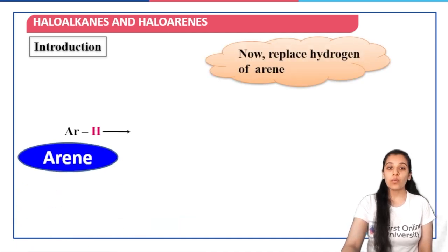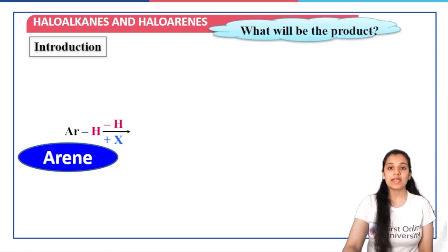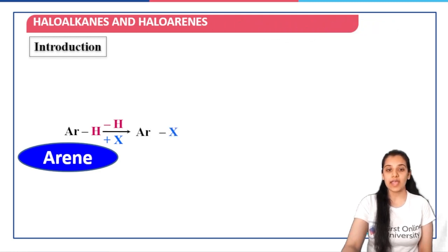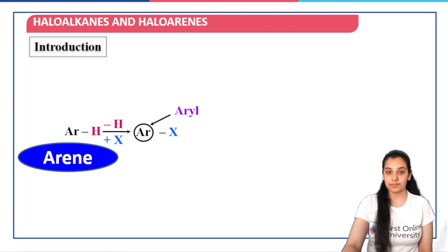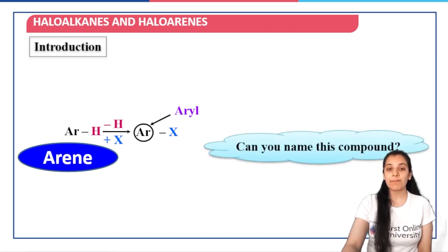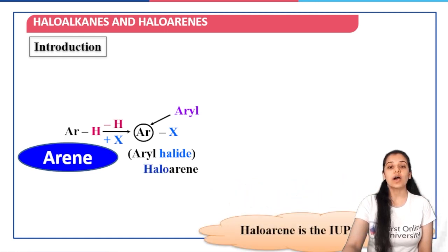When again the hydrogen is replaced by a halogen, that is X, what we get as the product is ArX, where Ar here stands for aryl. We call this compound either aryl halide, which is the common name, or haloarene, which is the IUPAC name.